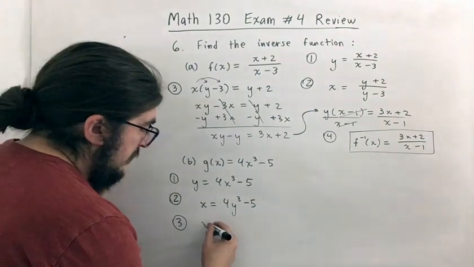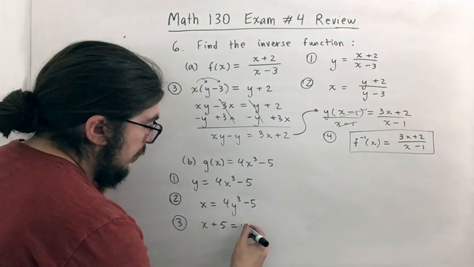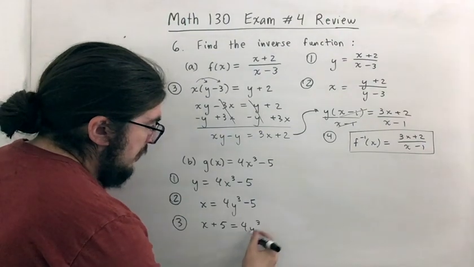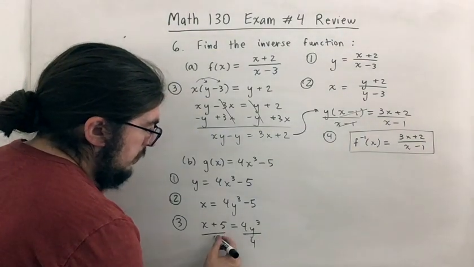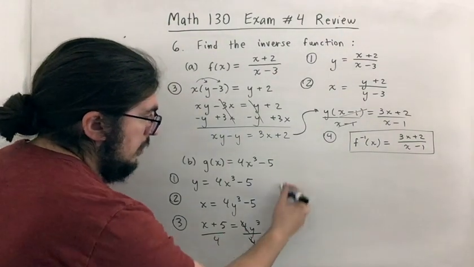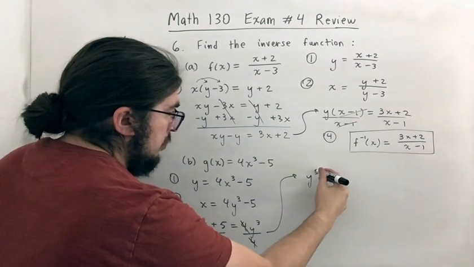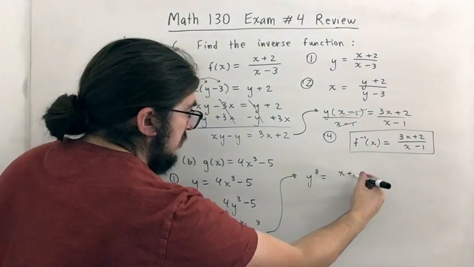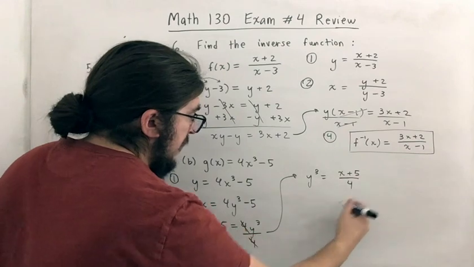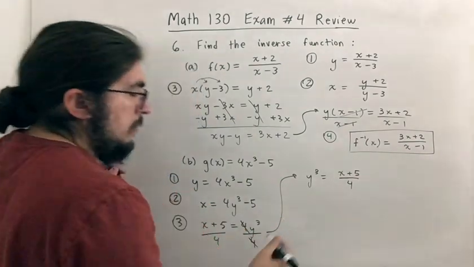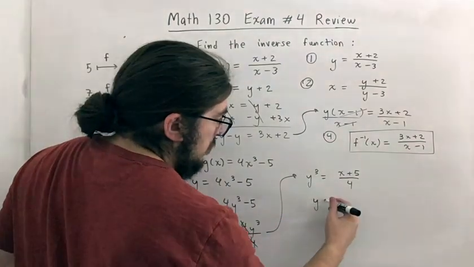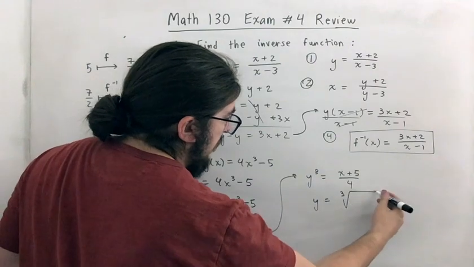So if you add 5 to the other side, you get x plus 5 is equal to 4y cubed. Dividing by 4 gives you the cube by itself. These cancel. So we get y cubed is equal to x plus 5 all over 4. And then finally, if you cube root both sides, you get y is equal to the cube root of that quantity.